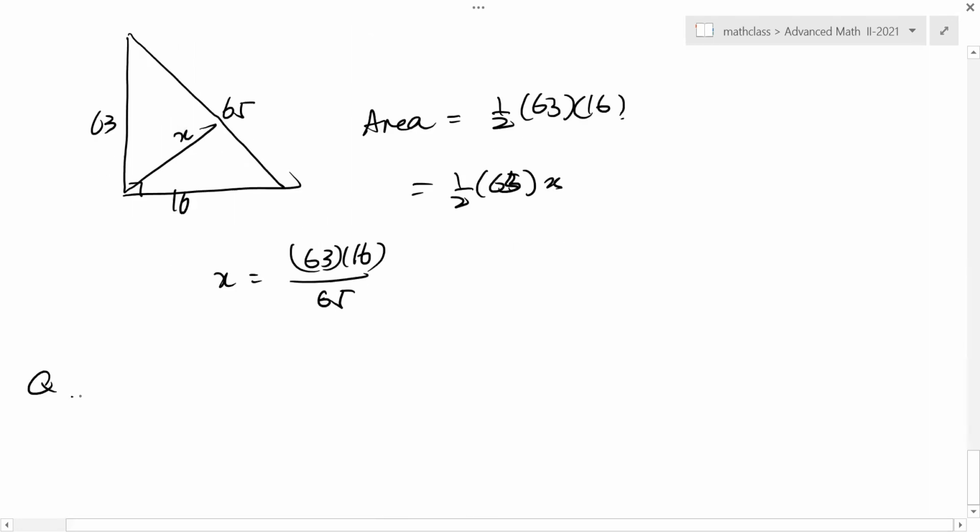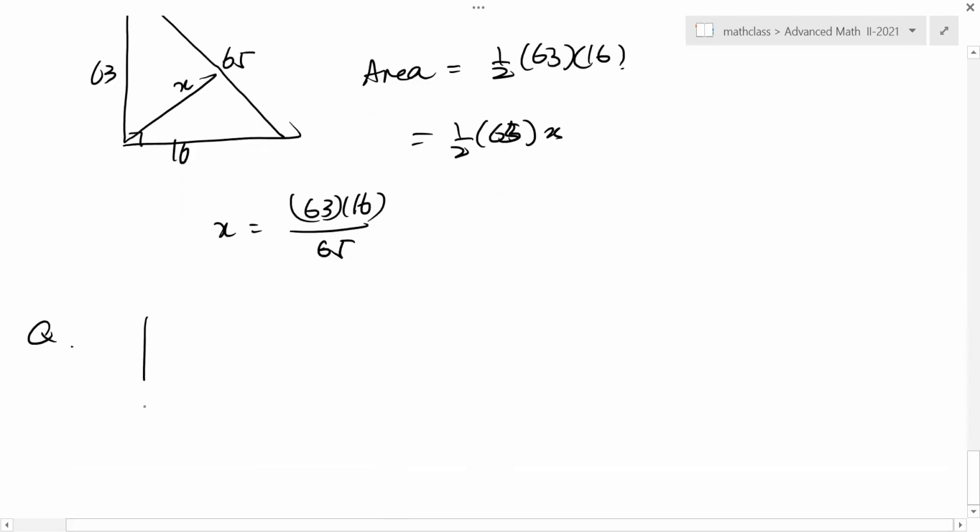For practice, I wanted to work on the next problem. This is a right triangle with A, B, and C. AB equals 13, BD equals 5.